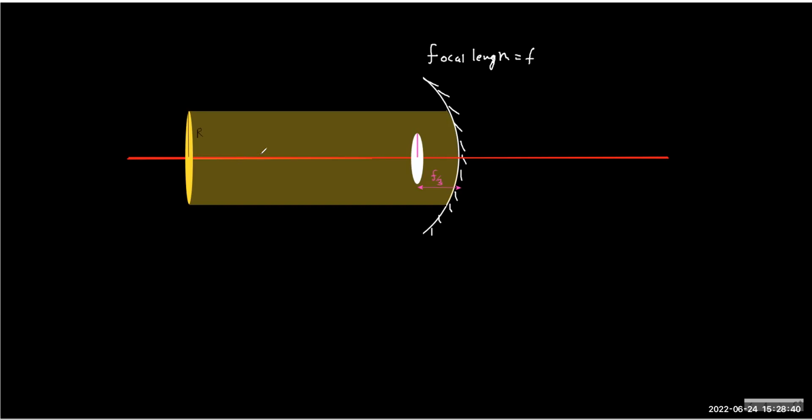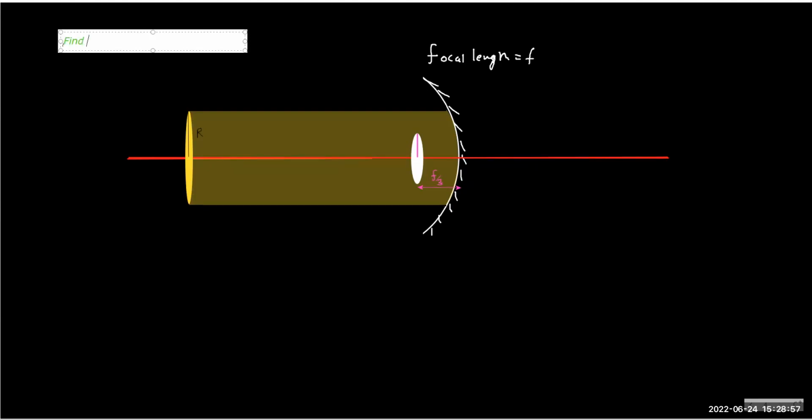So find the minimum radius of a coin to block all the rays from reaching the principal axis. What is the question? Question is anyway interesting. Simple geometry, basic class 10.